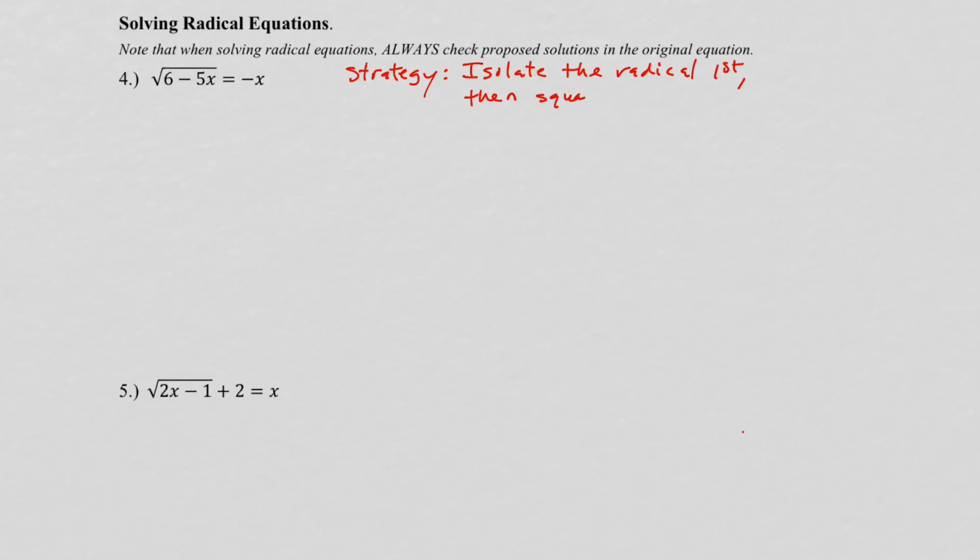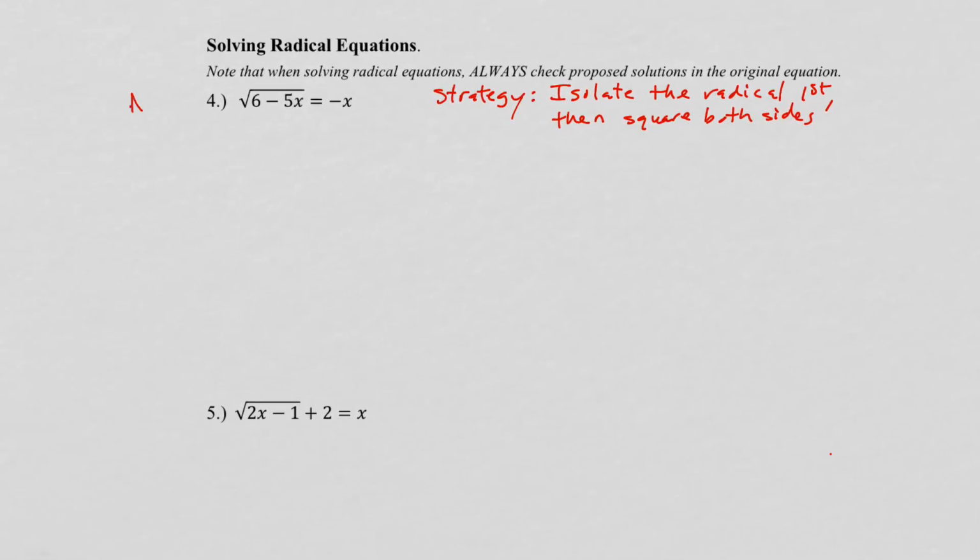Then square both sides, or raise it to the power of 2. Okay? So this one right here is already isolated, so no need to isolate anything. We just go ahead and square both sides. And the reason why we do that is it gets rid of the square root on the left side.